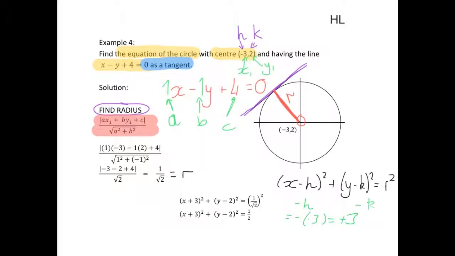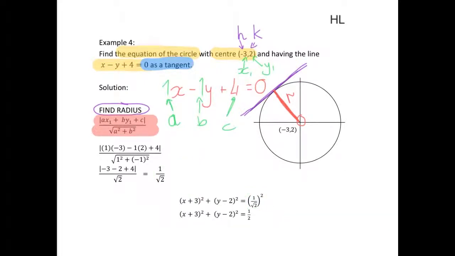Our k is just 2, so we have minus 2 here. And our r was 1 over the square root of 2, so we'll have 1 over the square root of 2 all squared. Simplifying all that out, we get our final equation, (x plus 3) squared plus (y minus 2) squared is equal to a half. And that's the equation of the circle we're looking for.